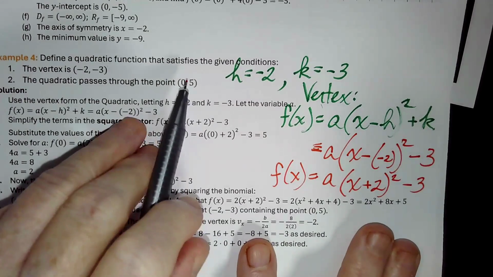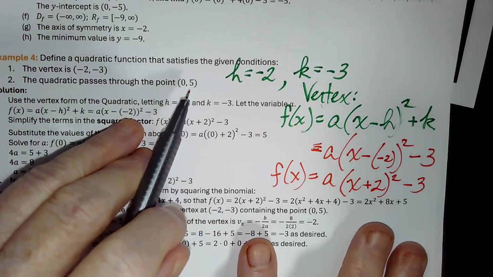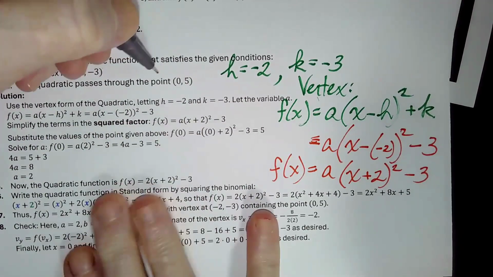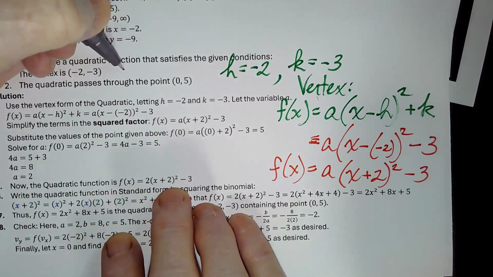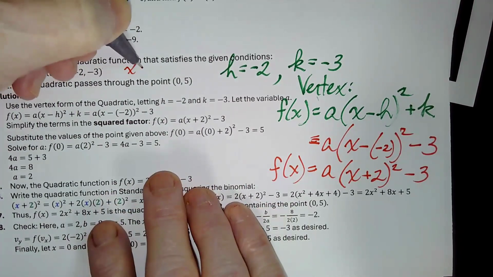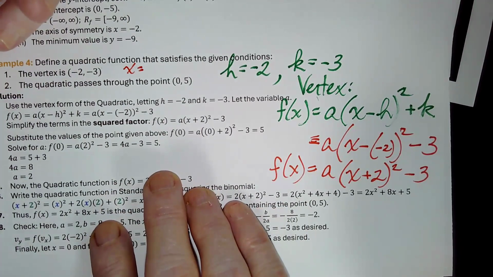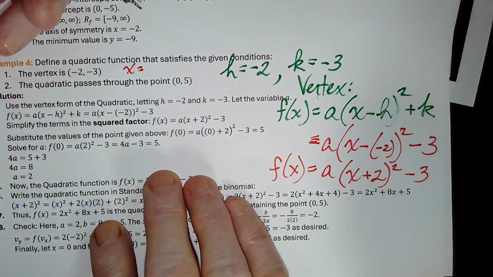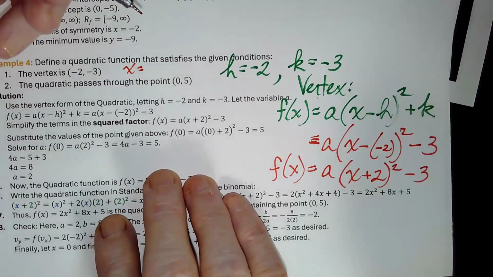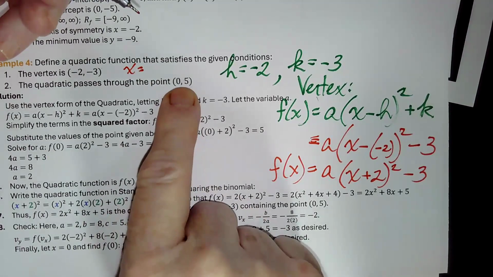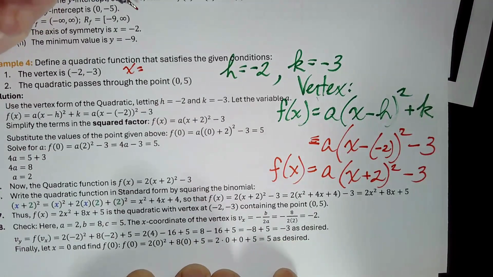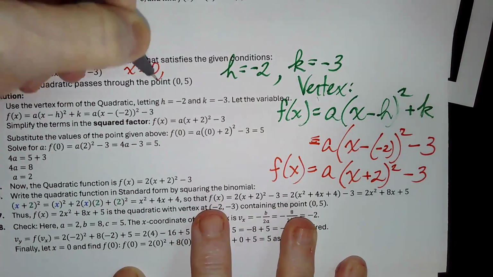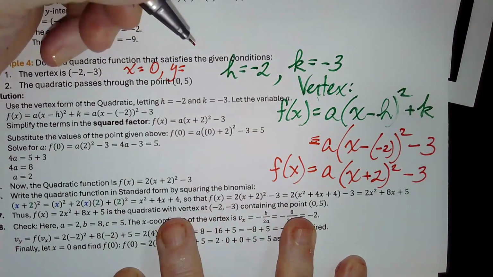We also know the point gives us x and f of x. For the point (0, 5), what is the x? 0. And f of x is 5.